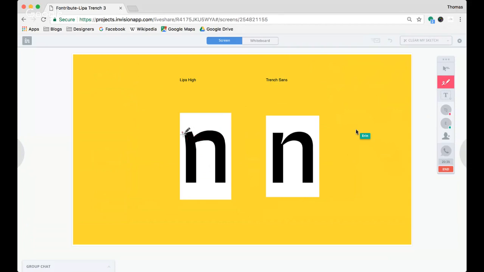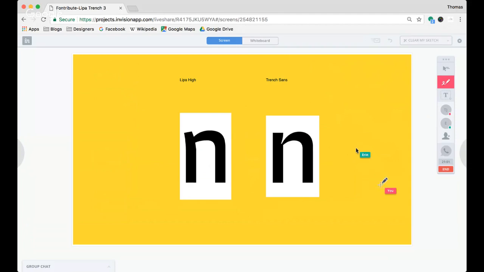I noticed that angle stroke energy over here, making it a smaller unit so as not to fill in that space. Meanwhile, with Trench, it's an opposite solution, which is cutting in. It's an ink trap solution in this joint on the stem to the shoulder transition between the two of those.